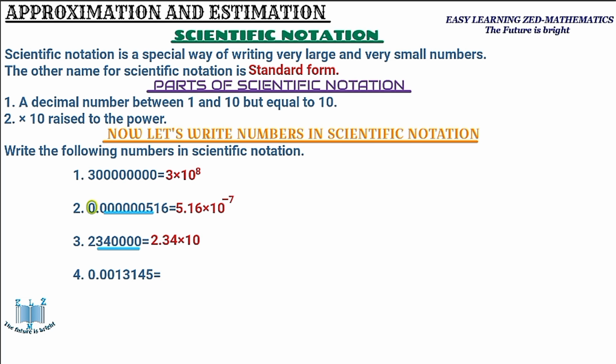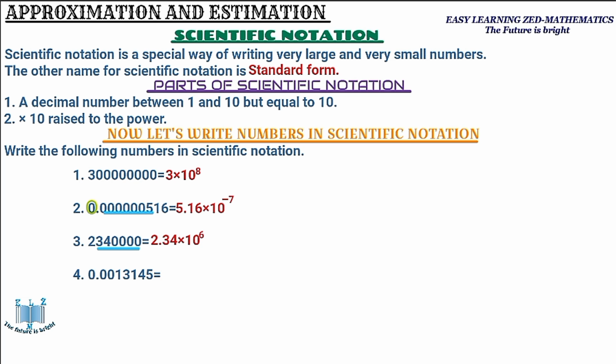Then we count the digits the decimal point has crossed. We start from the last 0: 1, 2, 3, 4, 5, 6. So it has crossed 6 digits to reach the space between 2 and 3. That means we are going to raise 10 to the power 6.